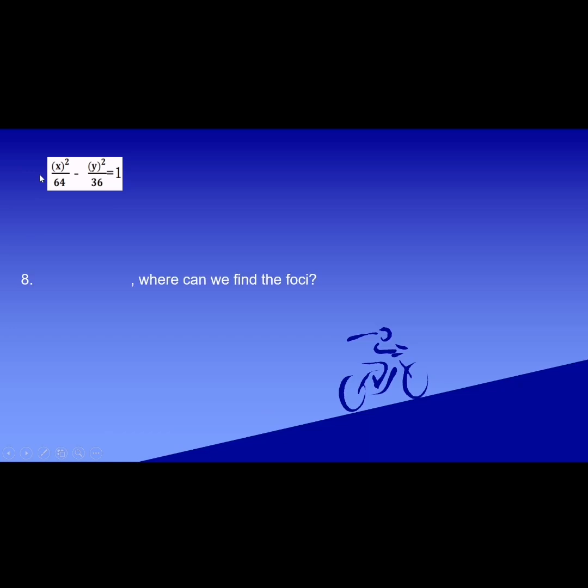For number 8, our question is x squared over 64 minus y squared over 36 is equal to 1. Where can we find the foci?